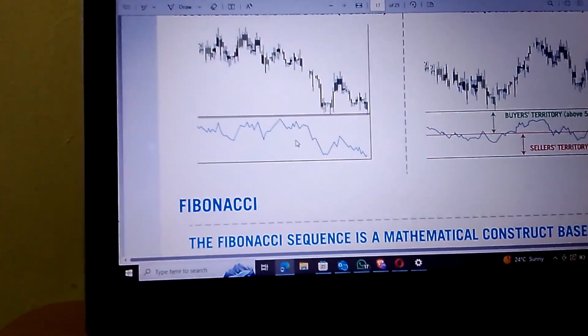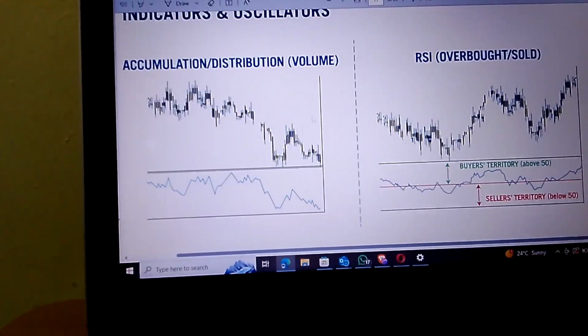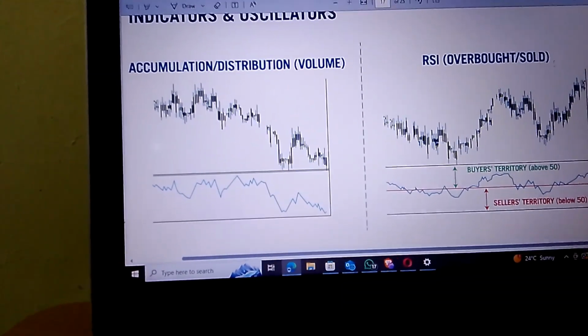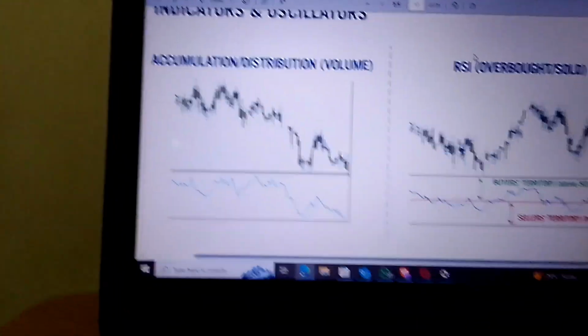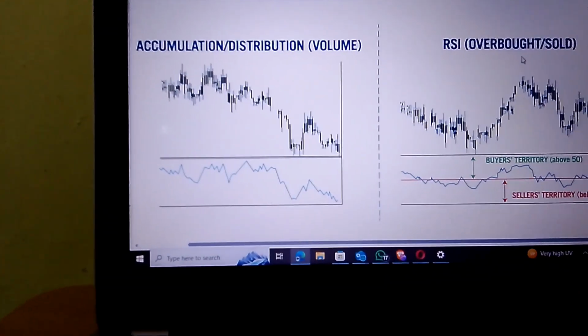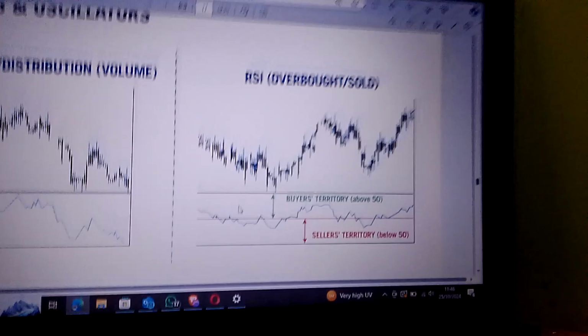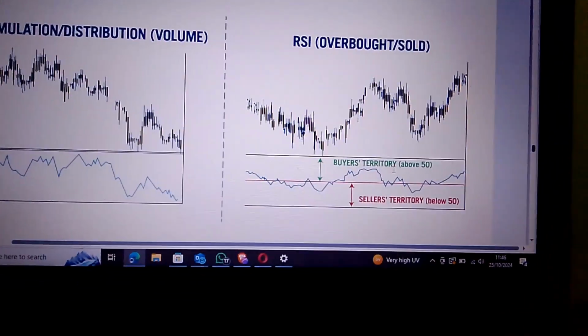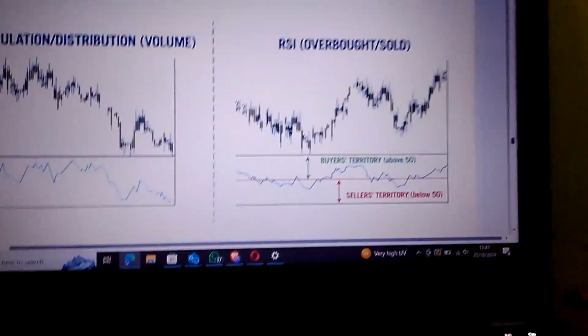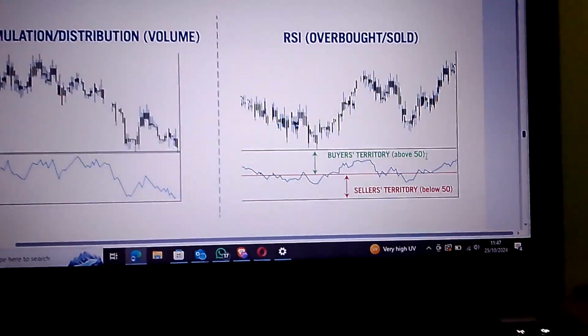This is like a prerequisite now. And then RSI, overbought/oversold. Oh, this was accumulation/distribution. Then this one is overbought/oversold. So here we can see this indicator shows the buyers' territory and the sellers' territory.